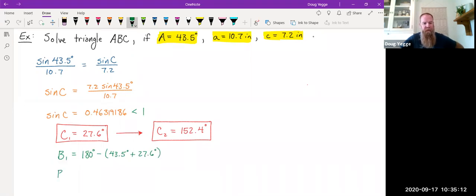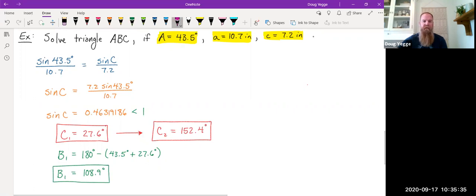And so that means B1 would have to equal 108.9 degrees. Okay, so we've got the angles inside of the first triangle.